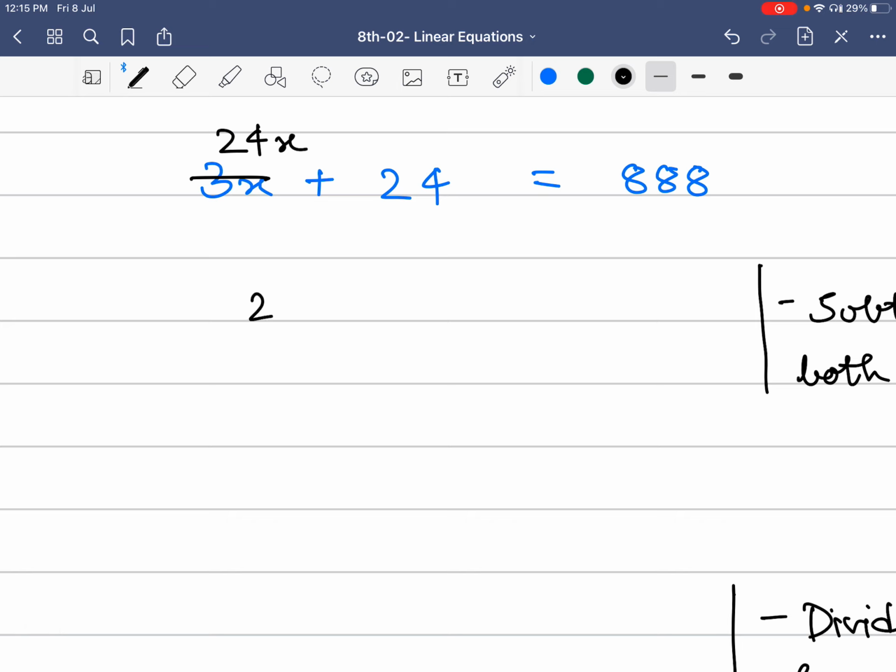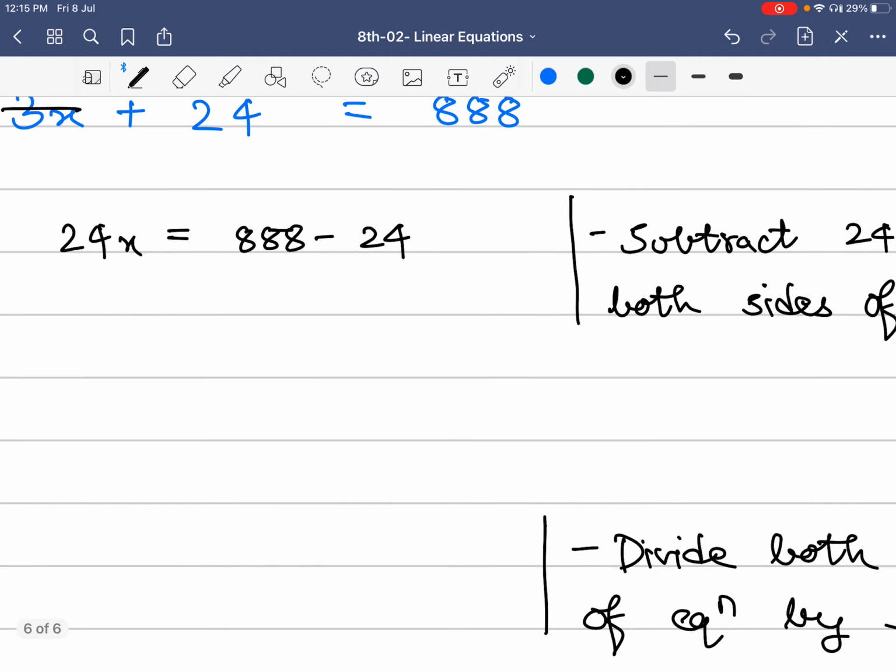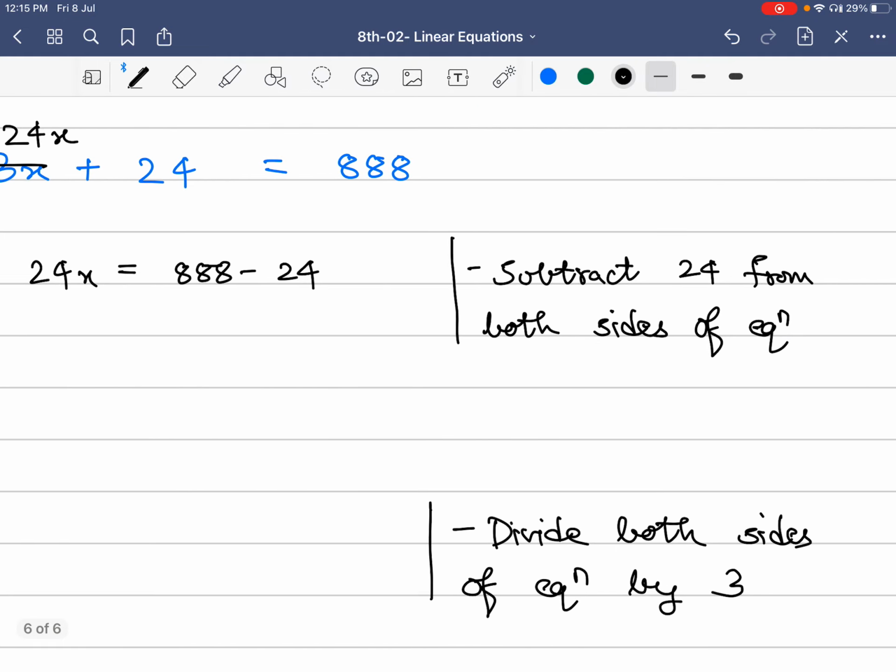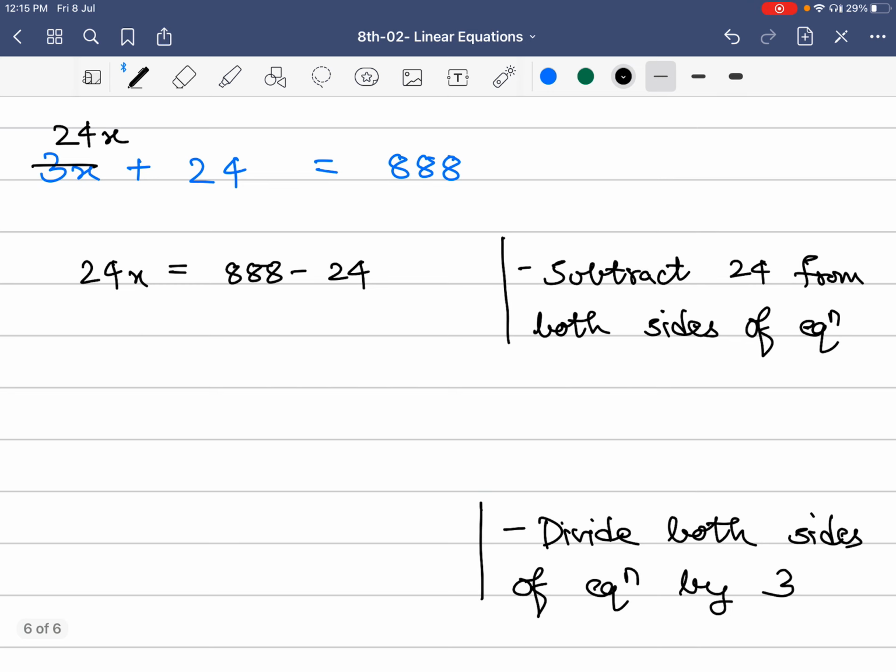So we will get 24x equal to 888 minus 24. Okay, so yes, this is correct. Subtract 24 from both sides of the equation, so that is going to be 864. That's 24x.